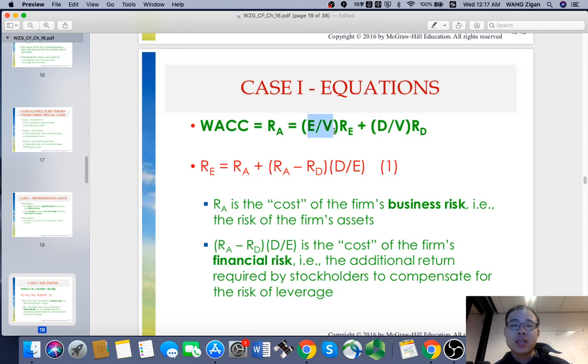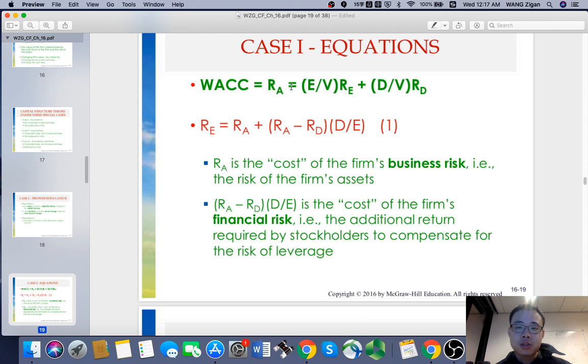This is the weight of equity in the whole firm value, where V is E plus D, equity plus debt. The weight of the equity times the return of the equity plus the weight of the debt times the return of the debt.